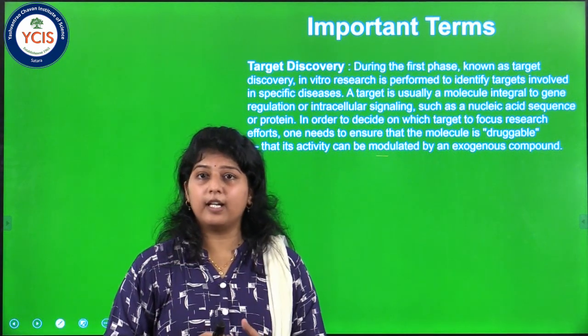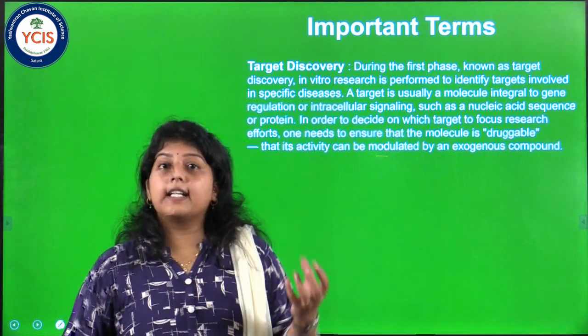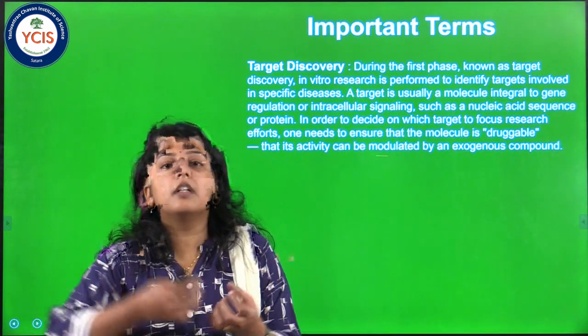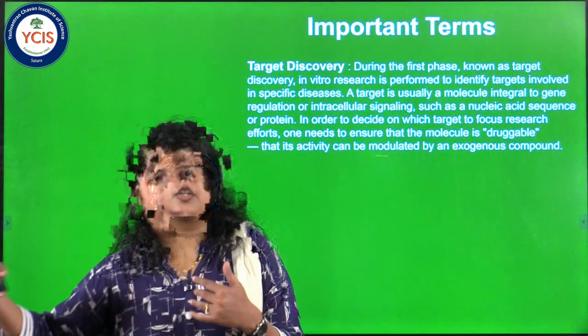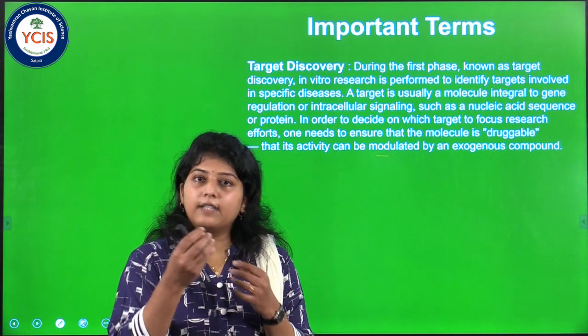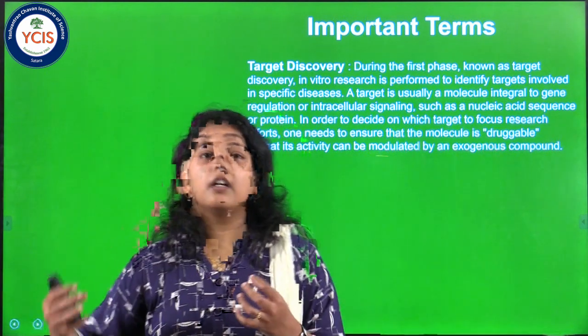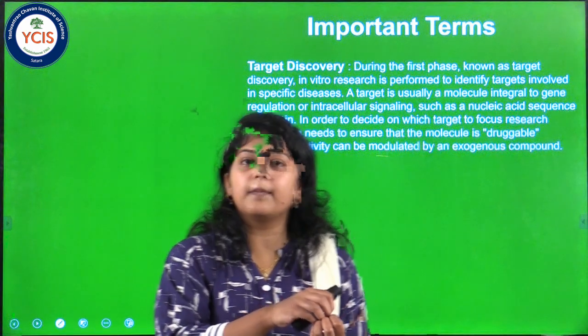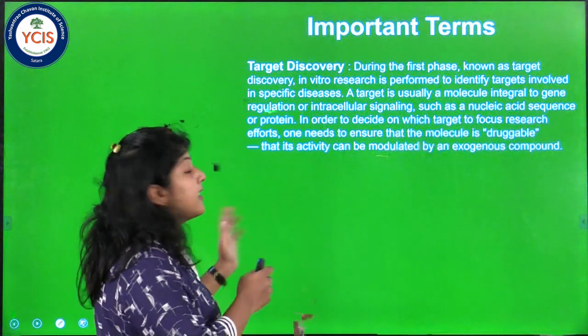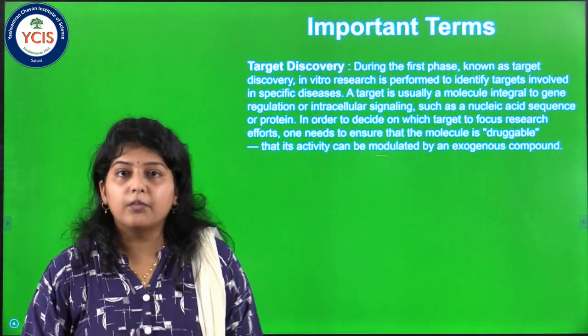So I have to find the receptor on that cell and the signaling pathway that in turn is causing uncontrollable cell growth. If I find the binding site of that receptor, I will study that binding site and find a molecule that will get attached to that receptor. So that is target discovery: finding a receptor that is involved in causing the disease process.